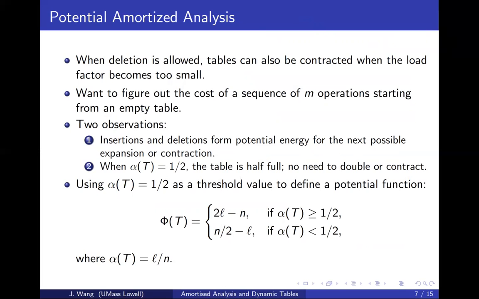Because it's a dynamic table, we can start from an empty table, so there isn't anything occupied. You declare a space, there's nothing in it. So insertion and deletion form potential energy for the next possible expansion or contraction.